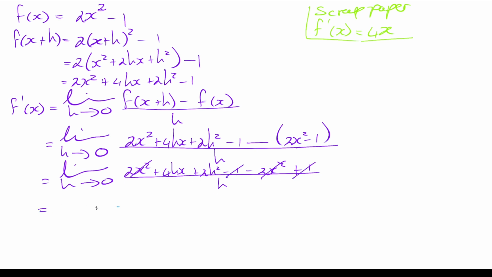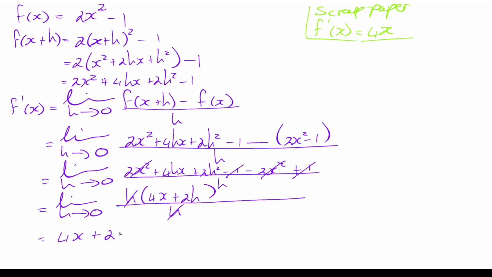And next step, we're going to factorize the limit as h tends to 0 of h times (4x plus 2h), looks like that's it, over h. Die. And now we can substitute in 0 because we won't have a 0 under the line. So we have 4x plus 2 times 0. So our first derivative equals 4x, which we already know is the answer. So yay, we did it.